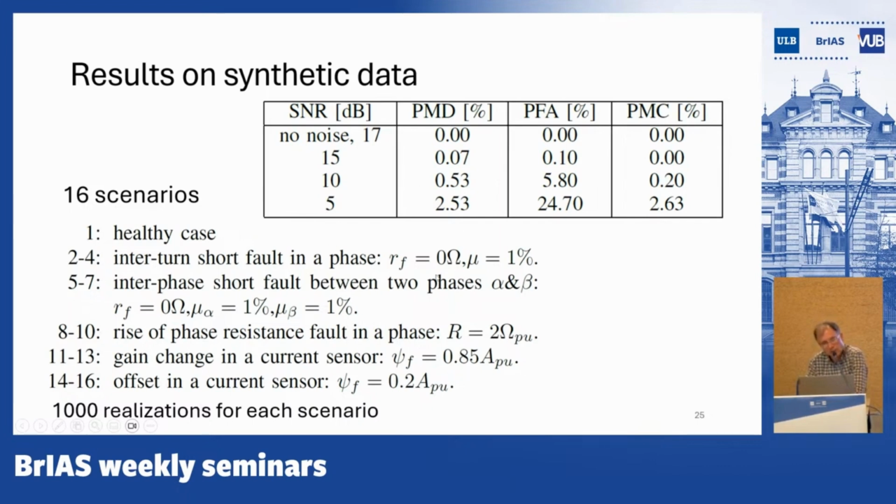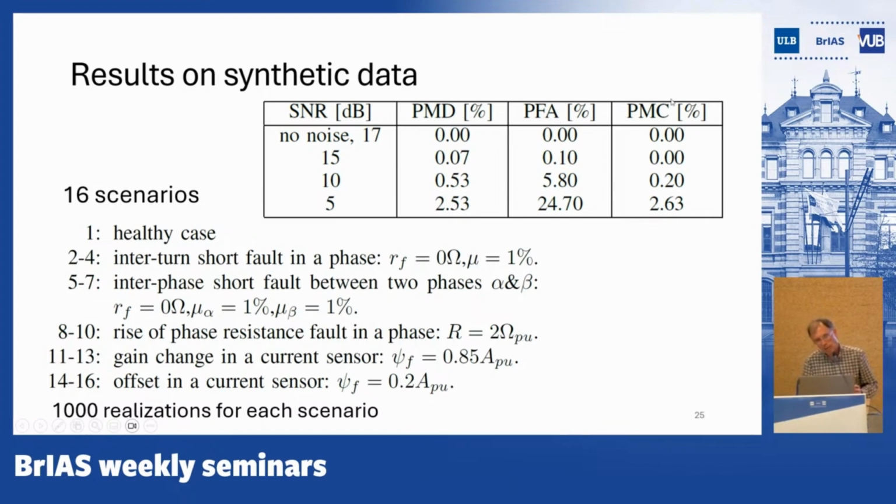And you see here some results depending on the signal-to-noise ratio of our current signals. You have here the probability of misdetection, PMD. The probability of false alarm, so then an alarm is generated while the motor is in healthy case.